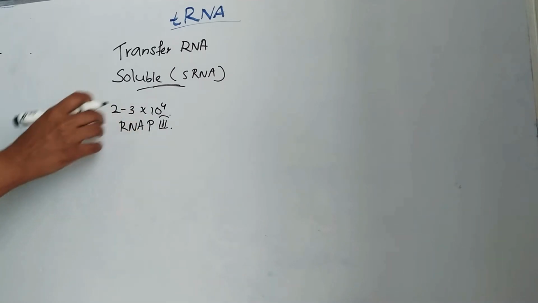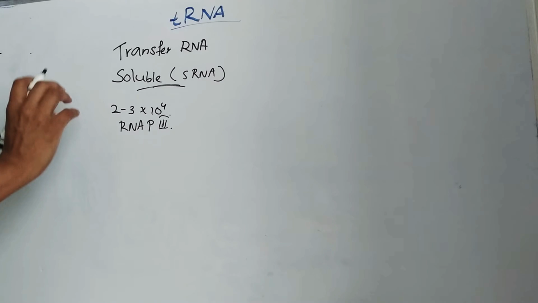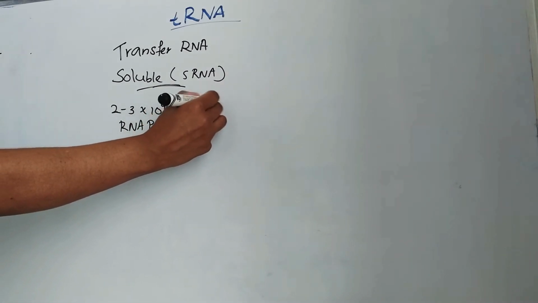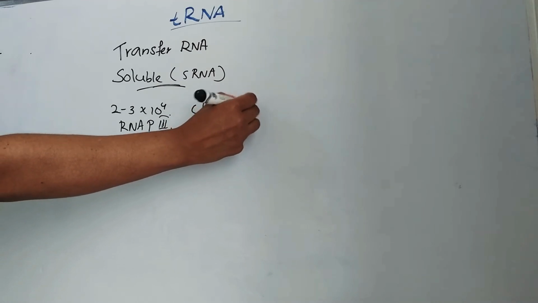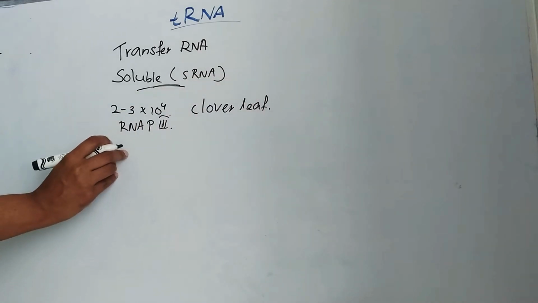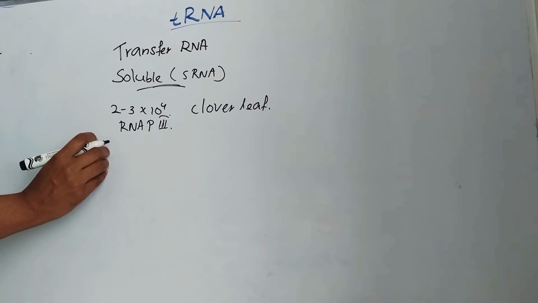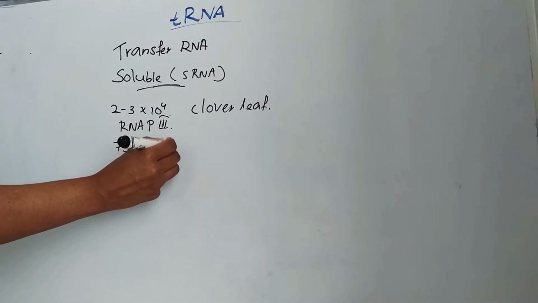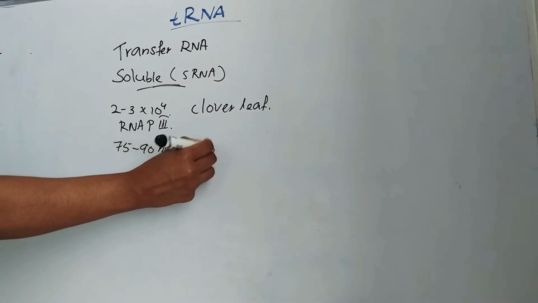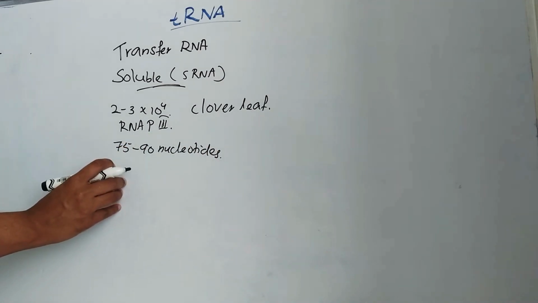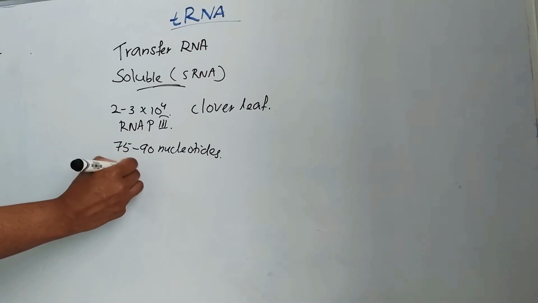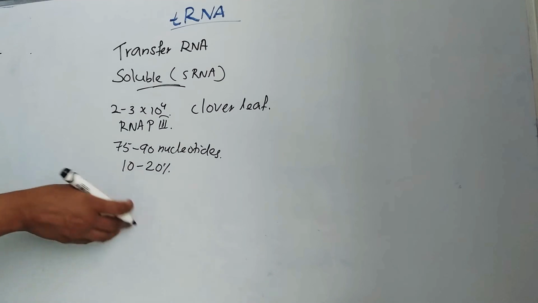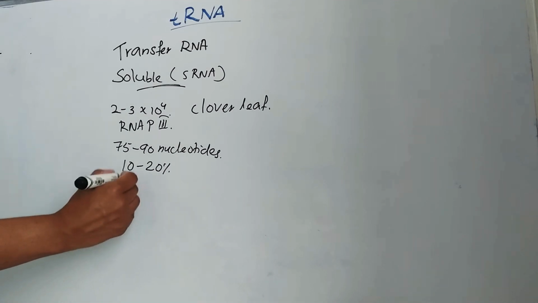Then coming to the structure of tRNA, the secondary structure of tRNA is known as clover leaf structure or clover leaf model. tRNA molecules vary in length from 75 to 90 nucleotides. In eukaryotic cells, 10 to 20% of nucleotides of tRNA may be modified, and these are known as unusual nucleotides.